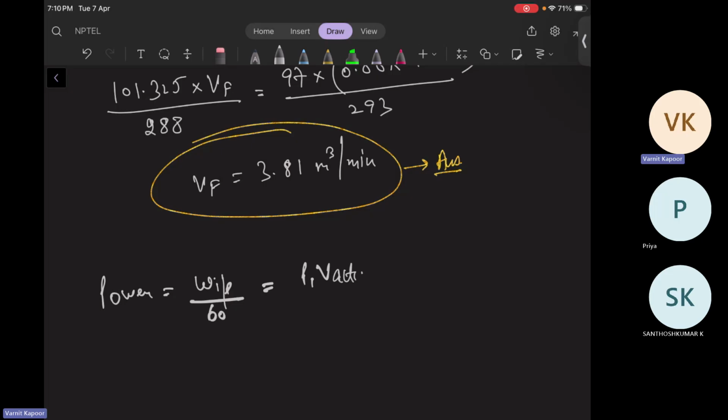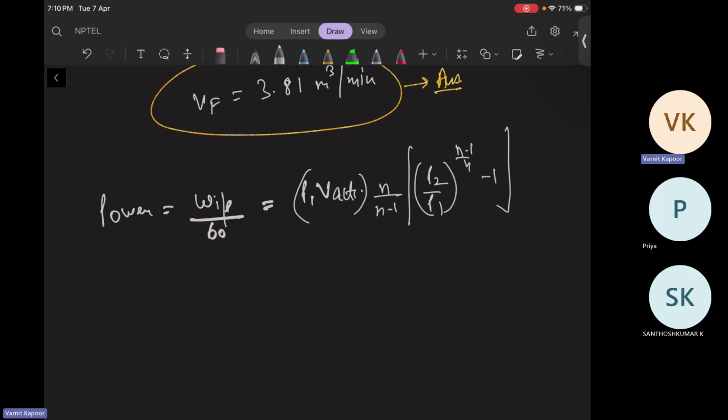And in V calculation, already we have seen the RPM, so we will not write RPM once again. So P1 V actual into N by N minus 1 times P2 by P1 power N minus 1 by N, minus 1. Put all your values. V actual is nothing but, how will you get your V actual?